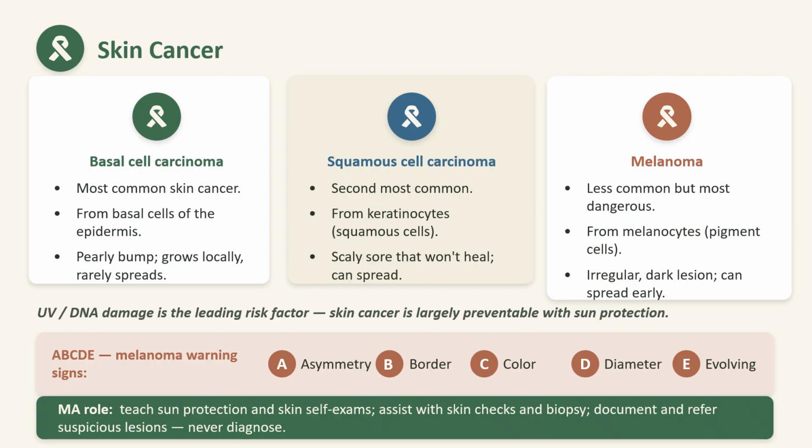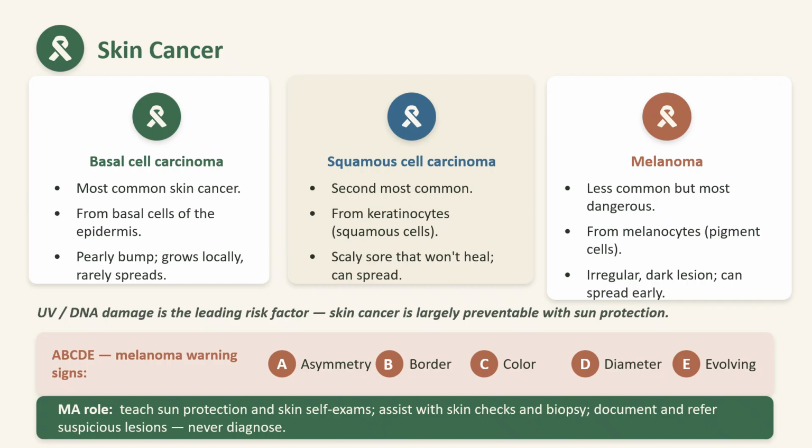It arises from the melanocytes, the pigment cells, so it tends to look like an irregular, dark, or multicolored mole, and it can spread early. That's why early detection is everything. The common thread across all three is ultraviolet or UV damage to the DNA and skin cells, which means skin cancer is largely preventable with sun protection.